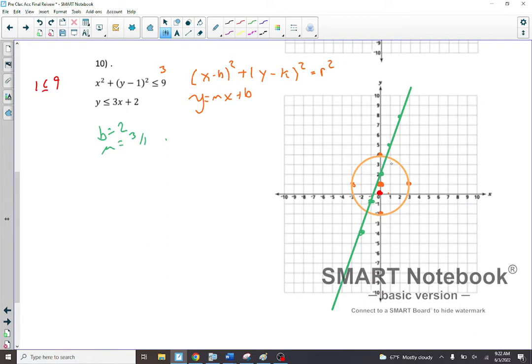So I know it's going to be on the inside of the circle. And then this one is 0, 0. So 0 is less than or equal to 2, which is also true. So it's going to go towards the dot below the line. The arrows intersect here, so we're going to shade this area.